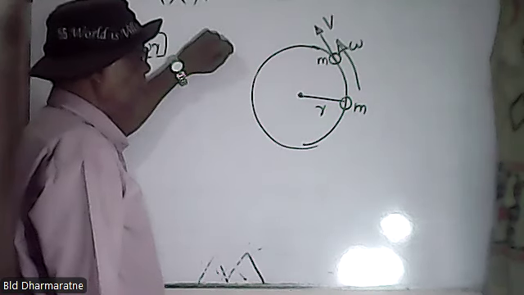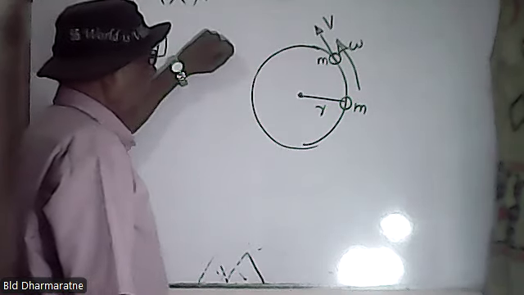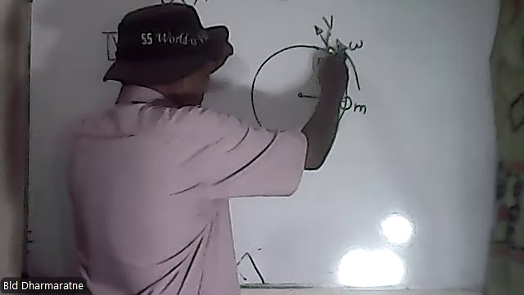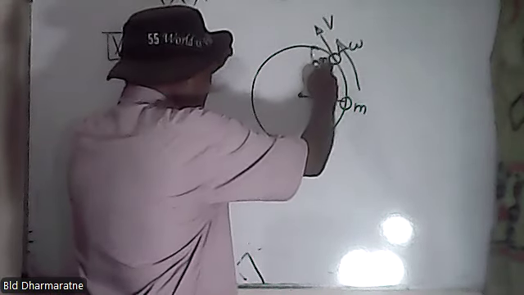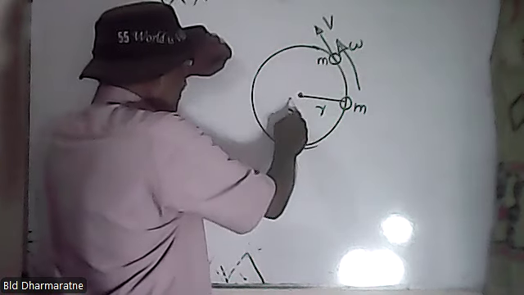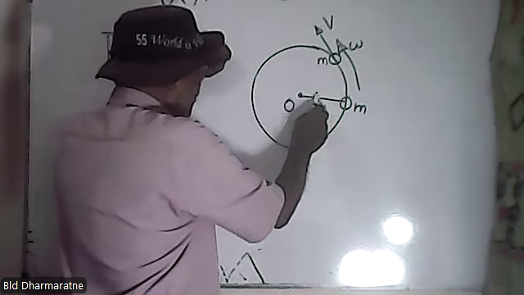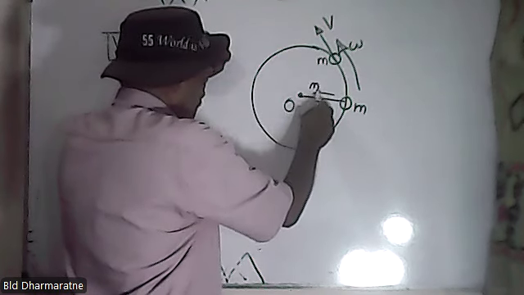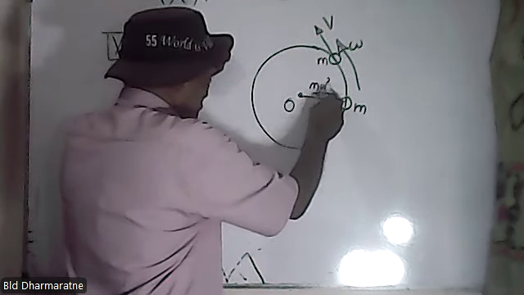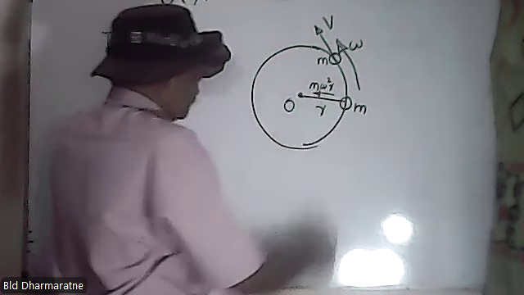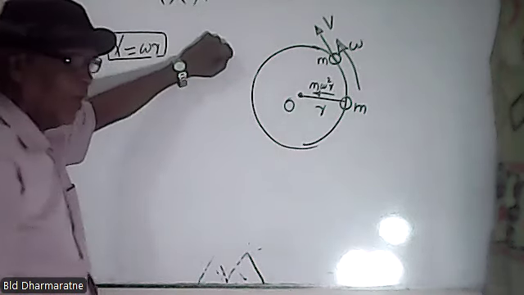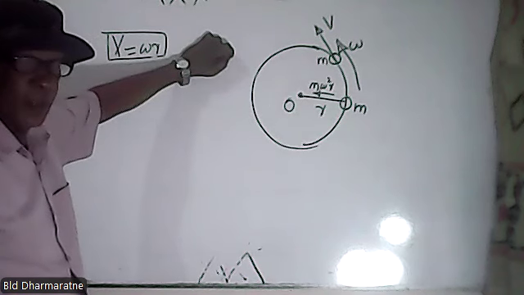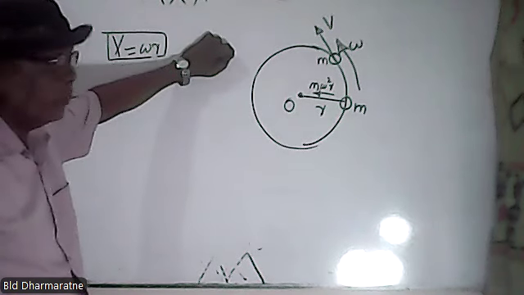The center. Right. Actually, some force acts here towards the center all the time, like this: m omega squared r. This is the force. This force is called the centripetal force.